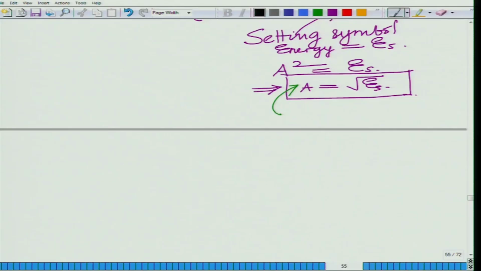And in fact, unlike QAM or PAM, where the average energy is E_s, here not only the average energy, but the energy of each symbol is E_s, because the radius is constant.